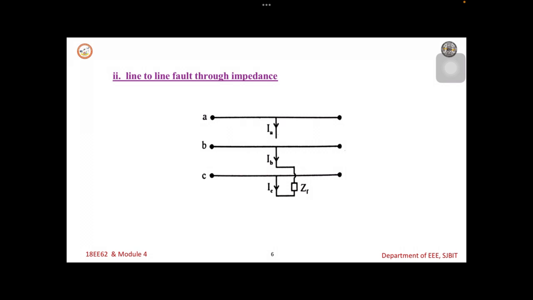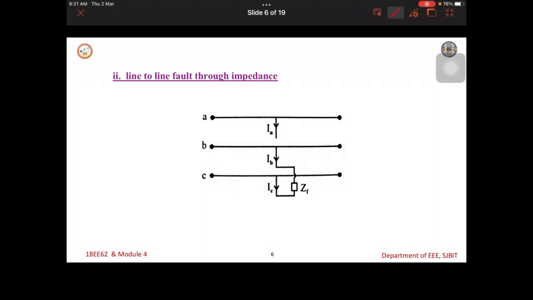Next, let us consider the line to line fault. Here also we have considered line A, line B and line C. The line A is unloaded, therefore the fault current here is 0, and IB and IC are shorted. Therefore, IB is equal to minus IC, and this is equal to your fault current.